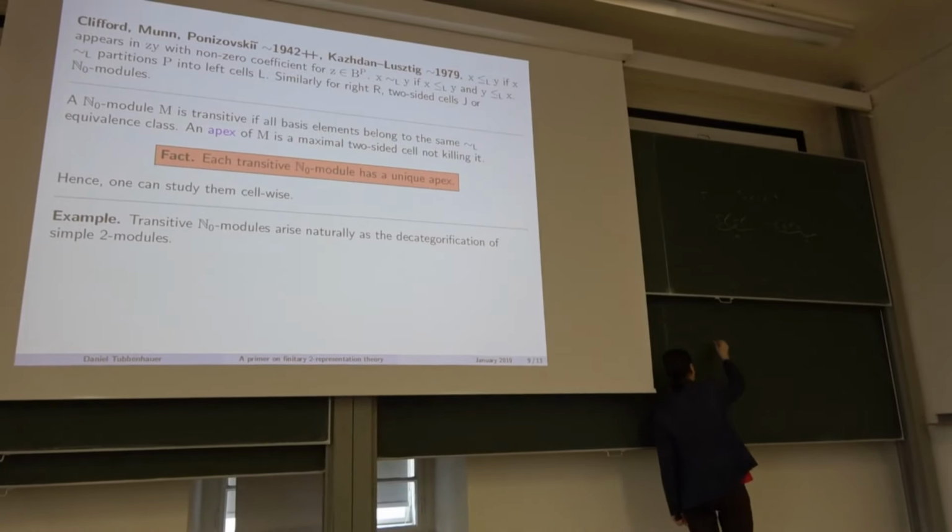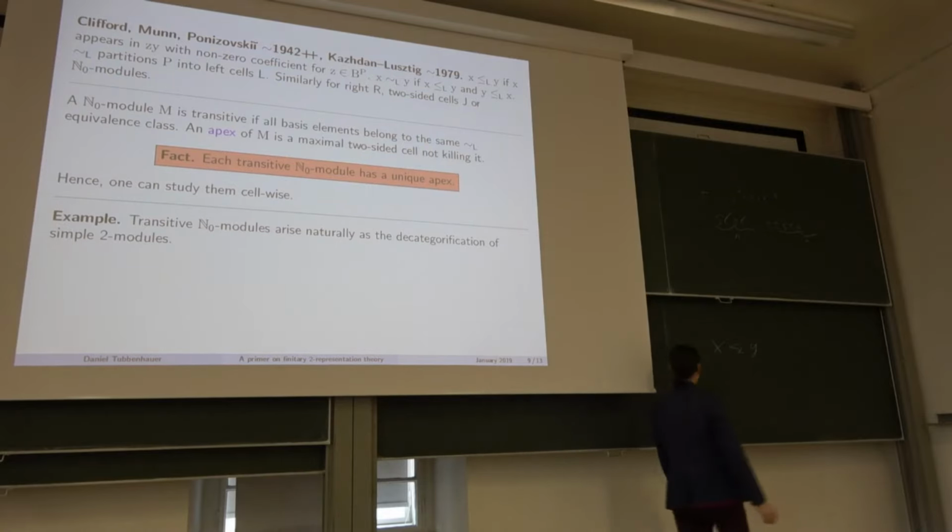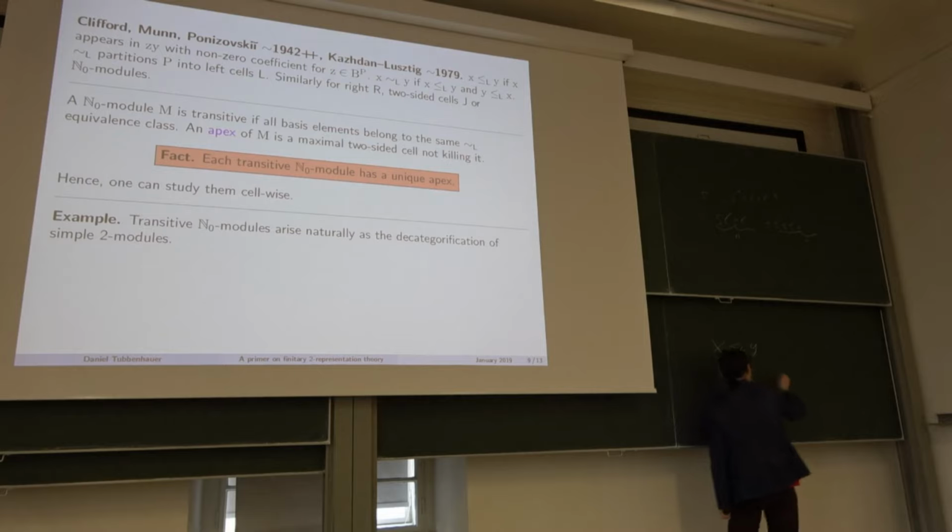You just say two of my fixed basis elements, let's say, X is left lower than Y if you can find another basis element, call it Z, which you can multiply to X, and of course you can decompose this into some sum over basis elements, right?